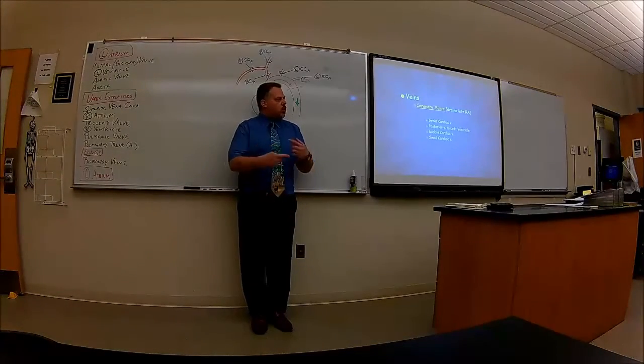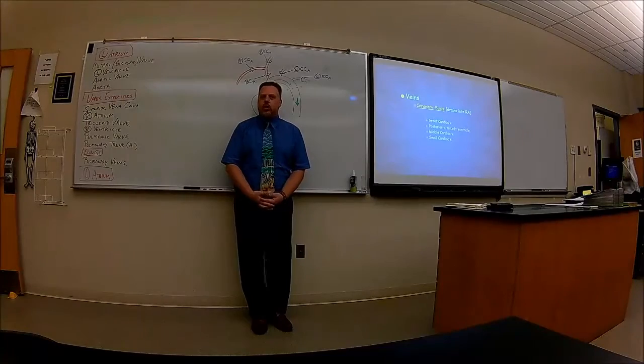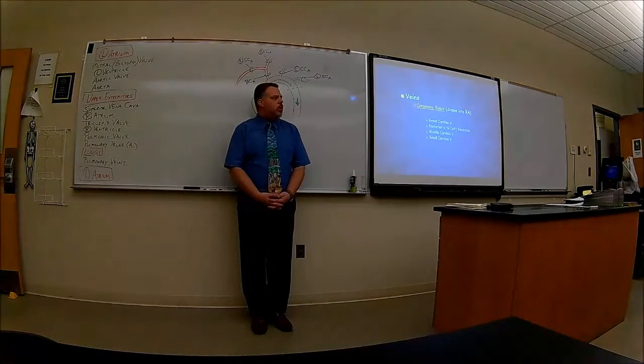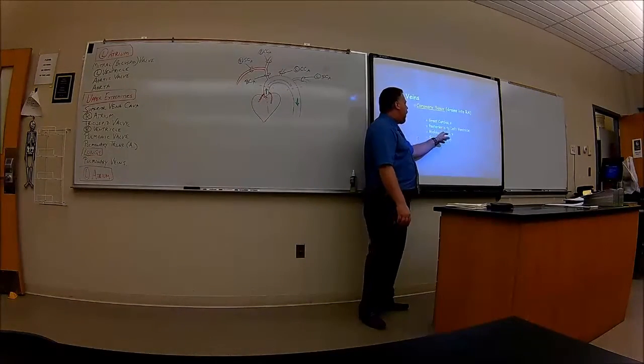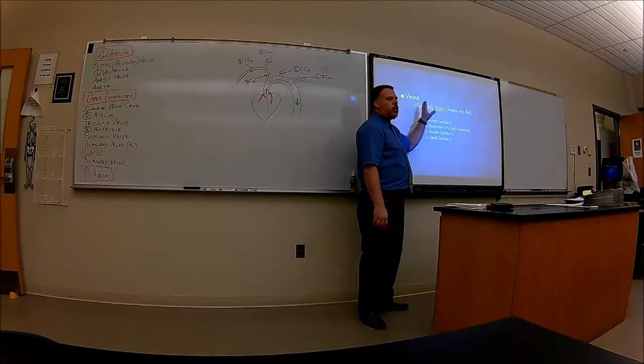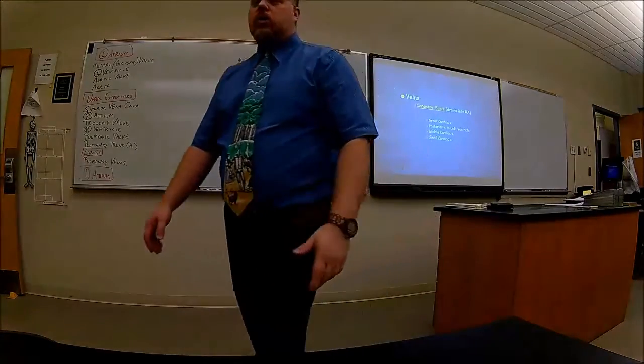What I'm saying is, you have superior vena cava carrying deoxygenated blood, inferior vena cava carrying deoxygenated blood, and now you have the coronary sinus that's carrying deoxygenated blood. All of that is going to obviously dump in the right atrium, which is going to push it into the lungs, okay? And these are the other things that go into the coronary sinus. You just have to be able to recognize the coronary sinus.